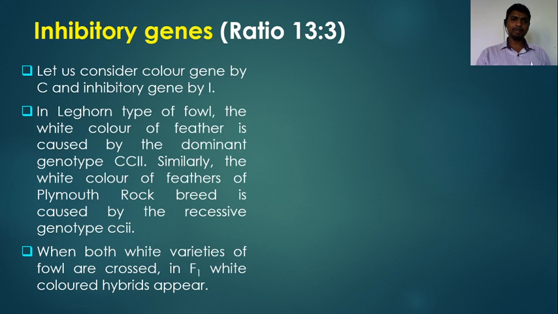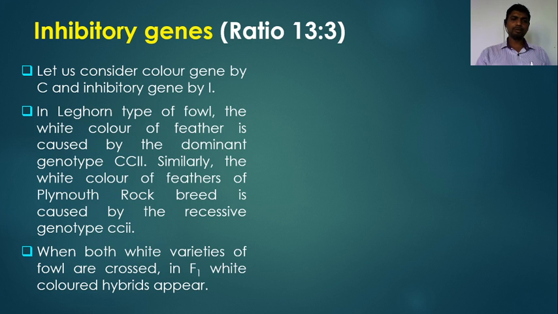So both the birds are white feathered. The genotype of leghorn is capital CCII, while the other breed, which is also white feathered, Plymouth Rock, has a recessive genotype of small ccii.